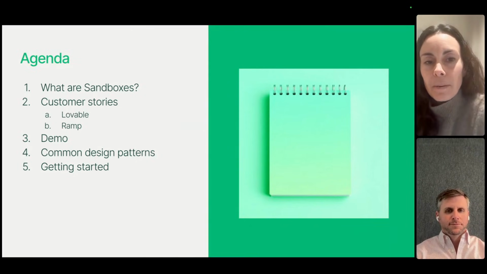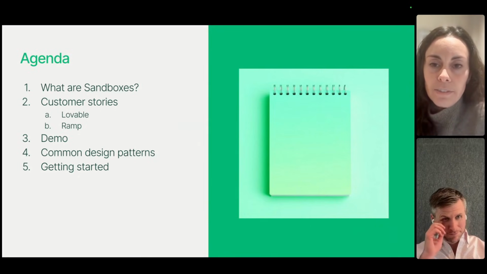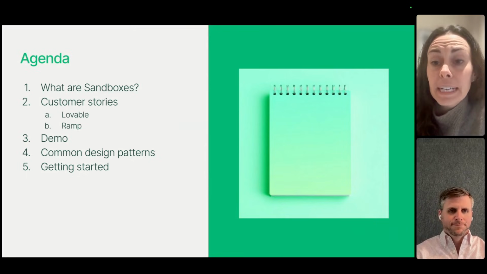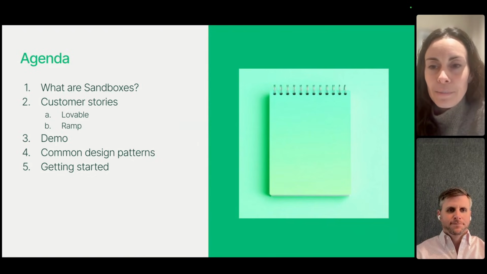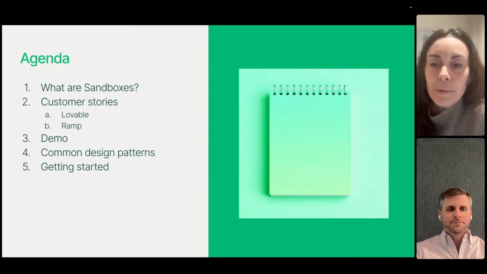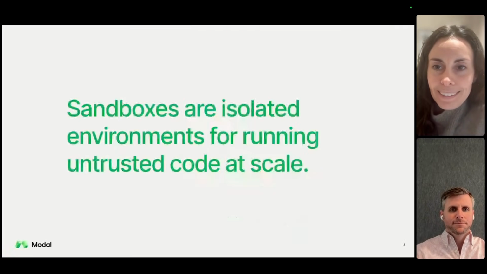And then we're going to talk about common design patterns. These are things that we encounter across our users, different ideas around how to design sandboxed applications. We're going to share some best practices and some options that you face when building an application on top of sandboxes. And then finally, we'll share some advice on how to get started. And then we'll do a Q&A at the end. We will not be answering questions continuously throughout, but there will be time for questions at the end. But I think let's start.